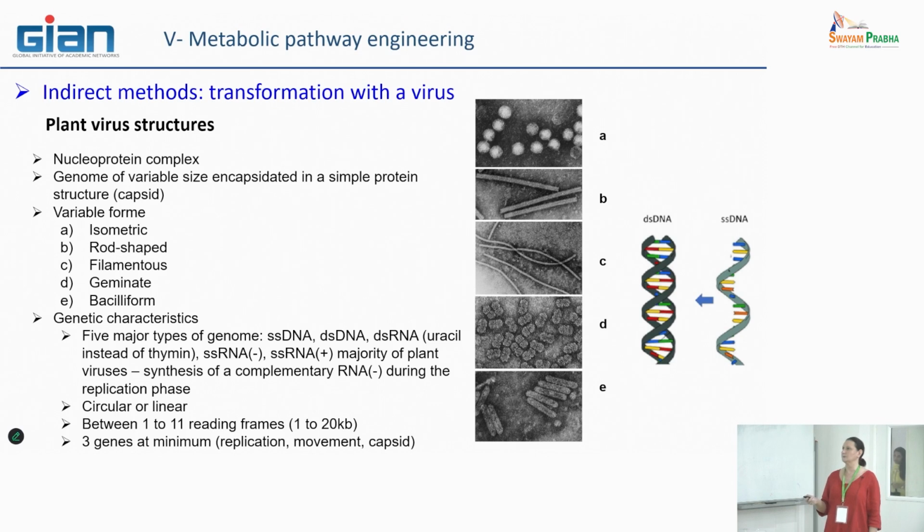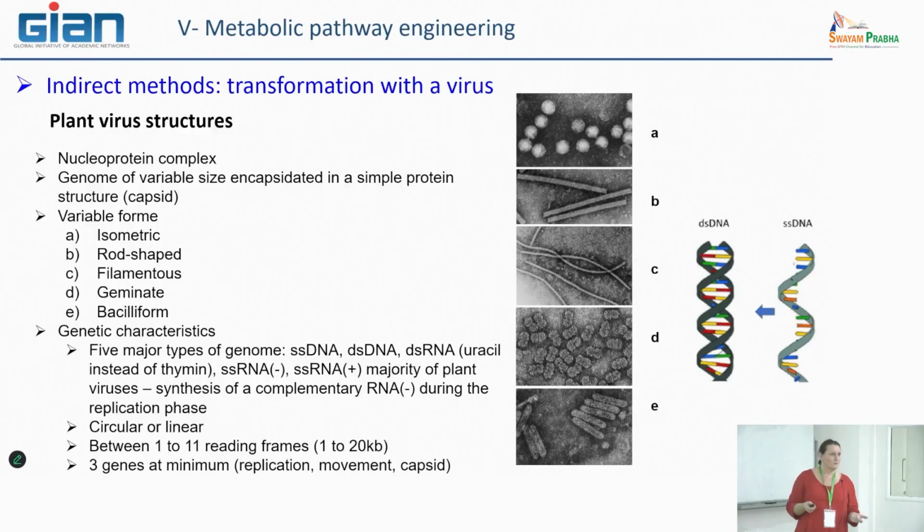What is interesting is that the genomic content of viruses is quite variable. You may have a DNA molecule or an RNA molecule, but also you can have double strand or single strand RNA or DNA.